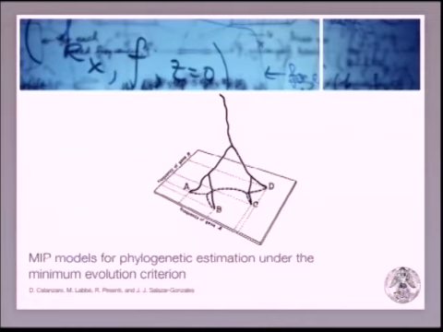The authors also proposed several models, namely a first maximum likelihood model, then the minimum evolution model and an additive model. Let's focus on these two. The minimum evolution model they proposed was actually the first parsimony model.